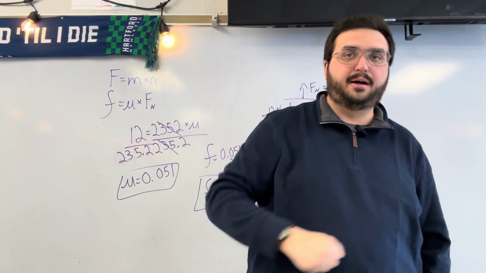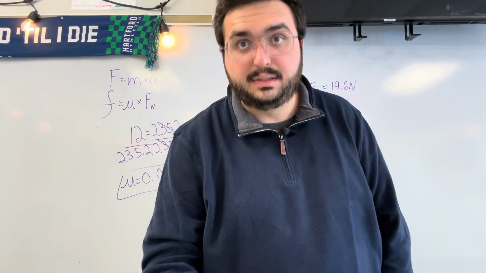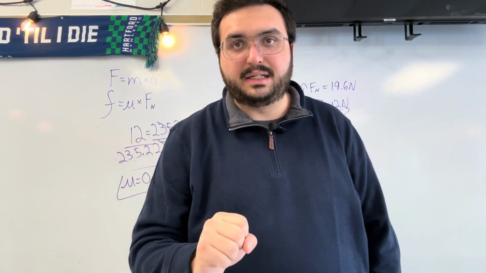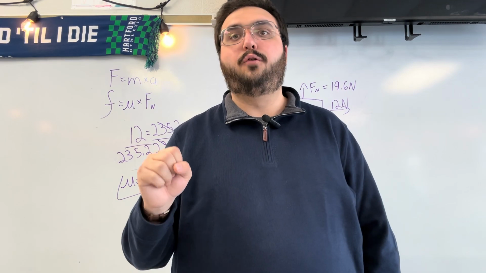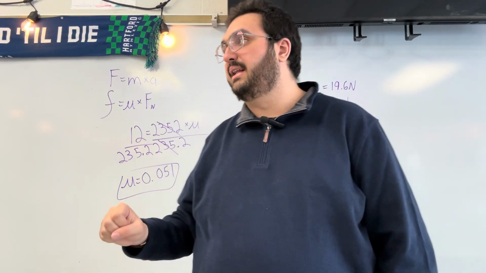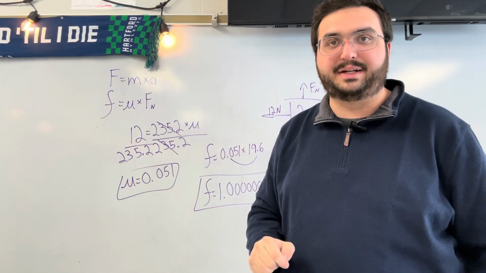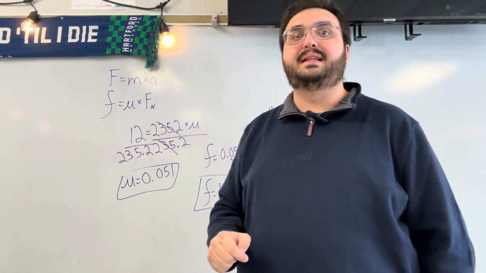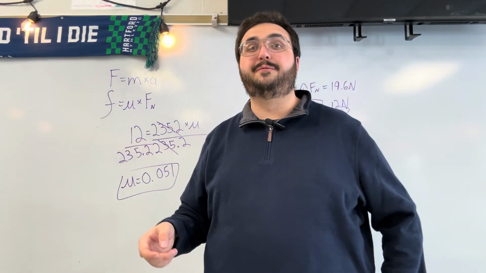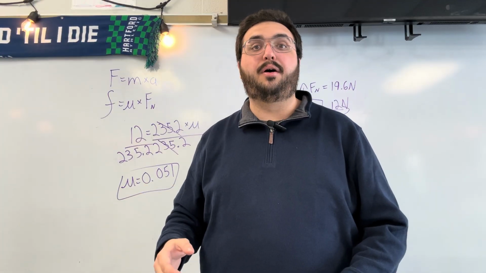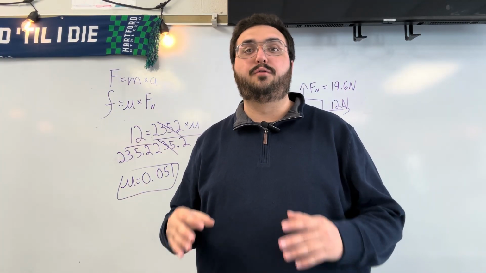The force of friction, however, does. The reason why it does is because force of friction is dependent on normal force, which is dependent on gravity. Meaning that Earth and the moon, which have two very different gravities, are going to have two very different forces of friction.